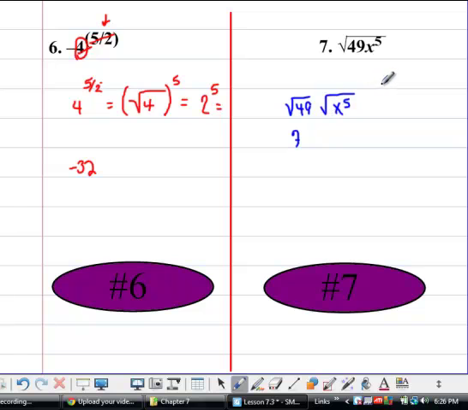How do I take the square root of x to the 5th? Well, x to the 4th times x. I pull out a perfect square. The square root of x to the 4th is x squared. And then this poor little x has got nobody to hang around with.